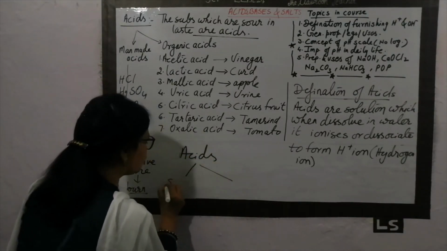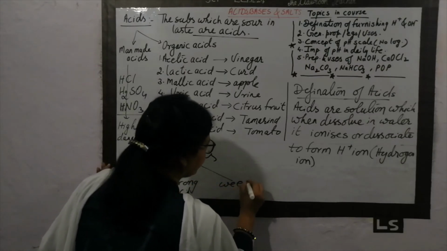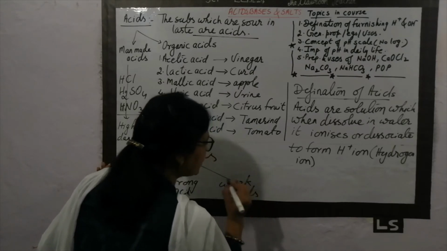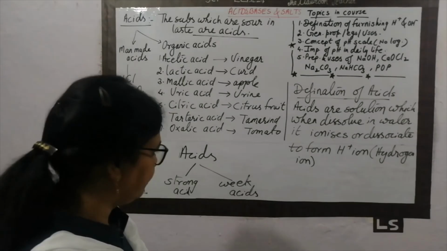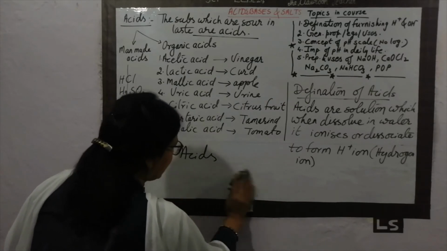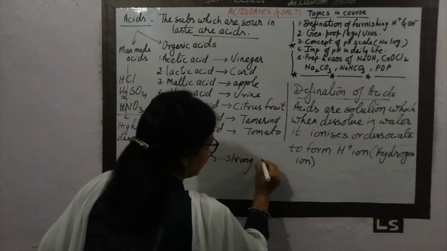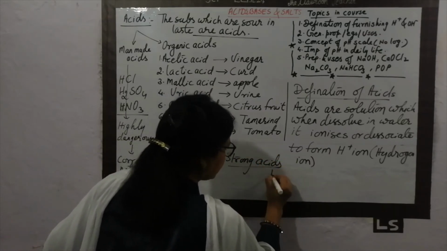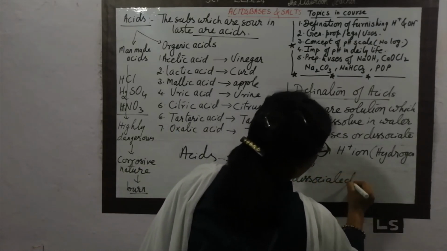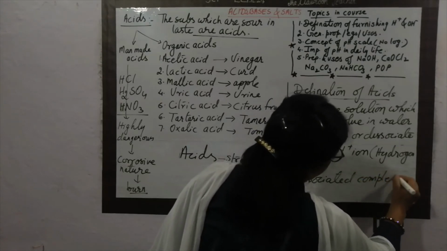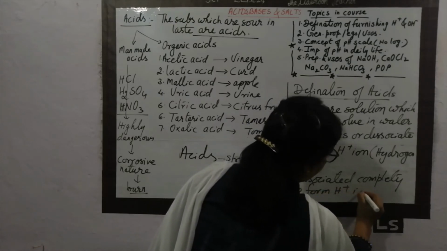On the basis of the rate of ionization, we can divide acids into two types. One is called strong acid and one is called weak acid. What is a strong acid? Strong acids are the acids which dissociate completely to form H plus ion.